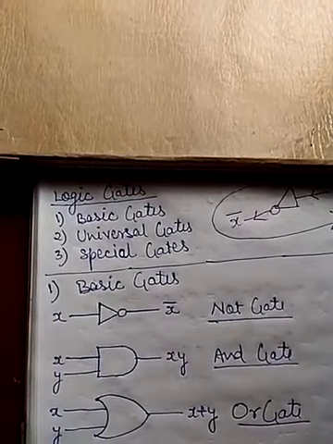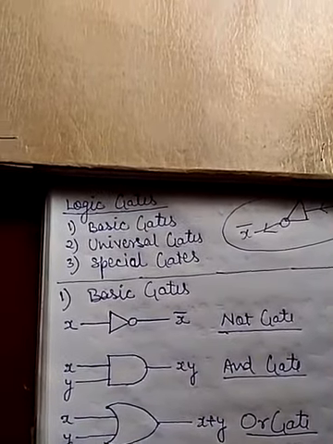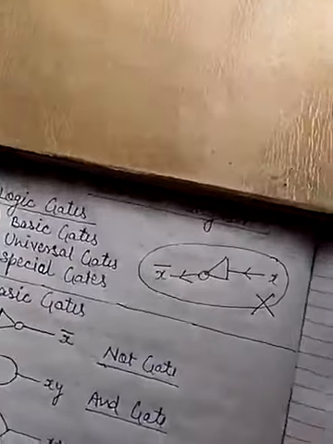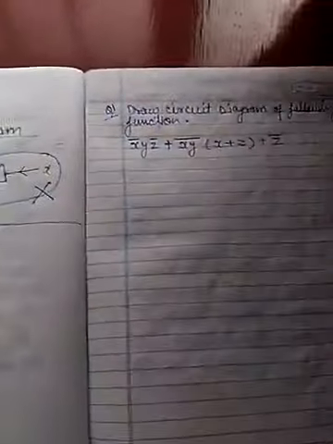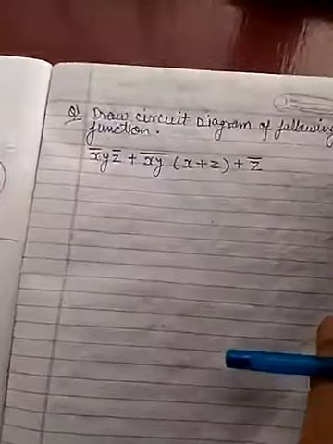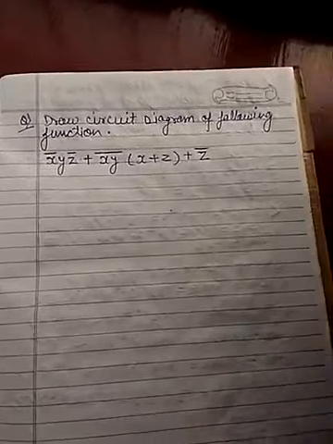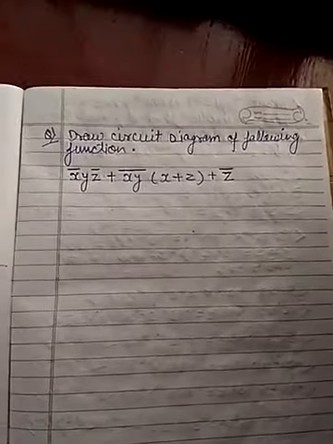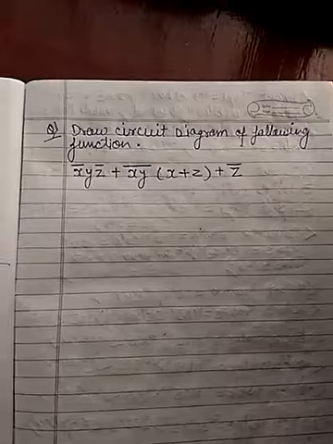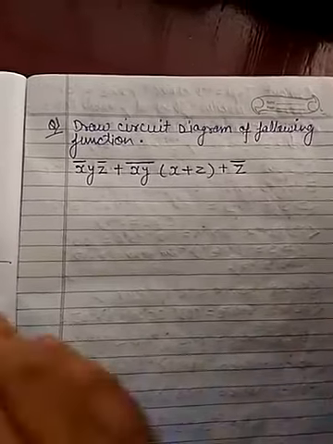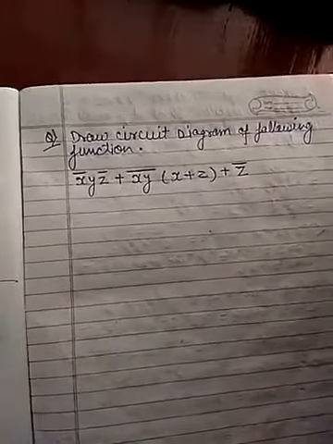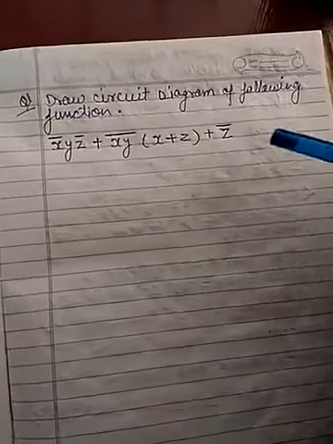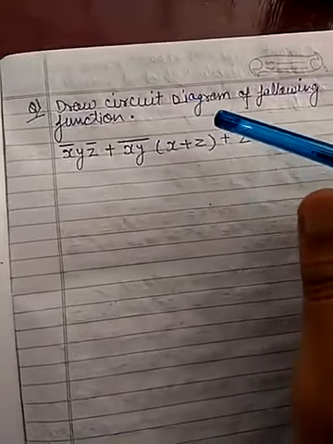Now let us draw the circuit diagram of the following function. The task is to draw the circuit diagram of the following function. First, after seeing the expression, identify how many inputs there are.